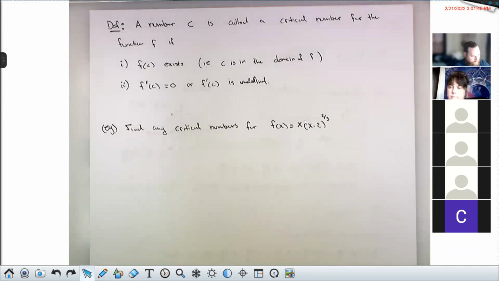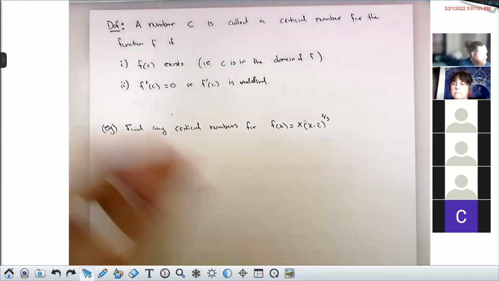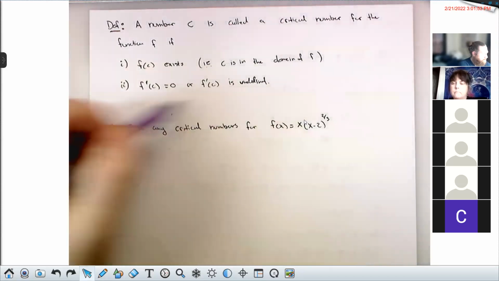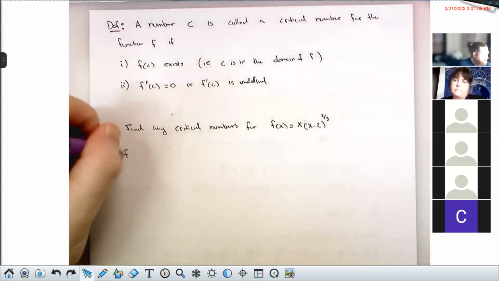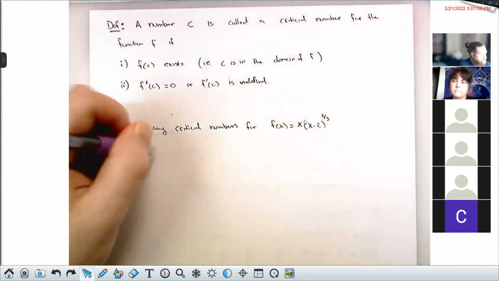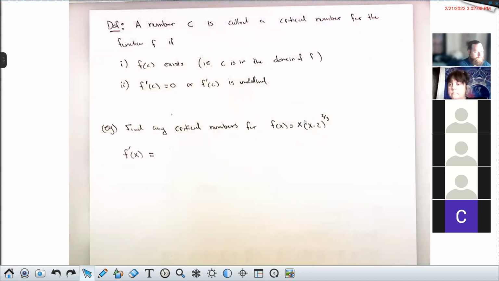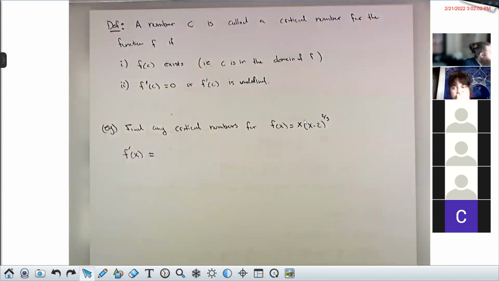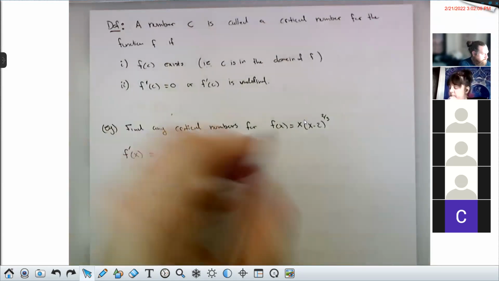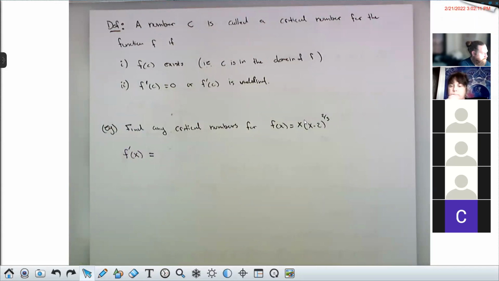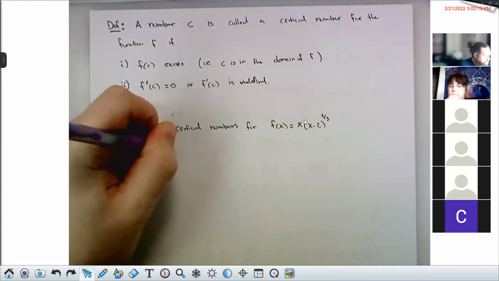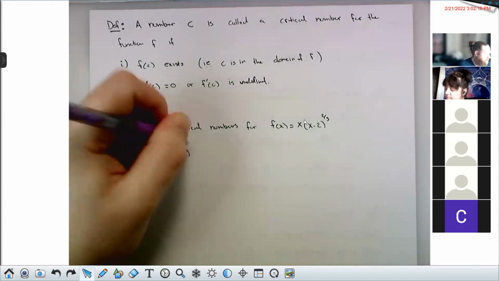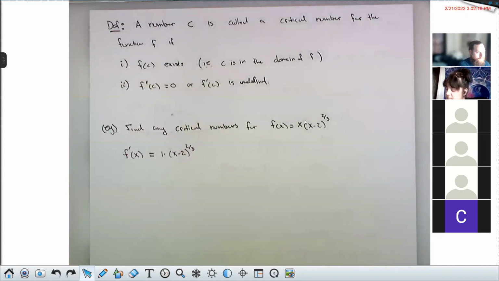So let's hunt for the critical numbers. This is all about the derivative. So we're going to take our derivative, which in this case requires a product rule. If I differentiate the x, leaving the (x minus 2) to the 2/3 alone, I get 1 times (x minus 2) to the 2/3.